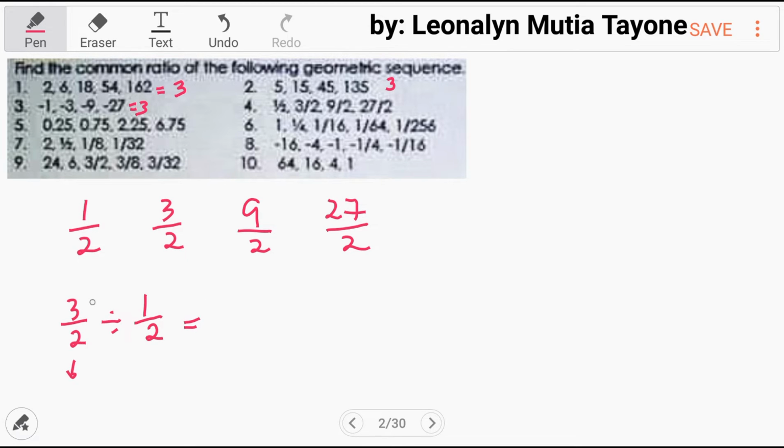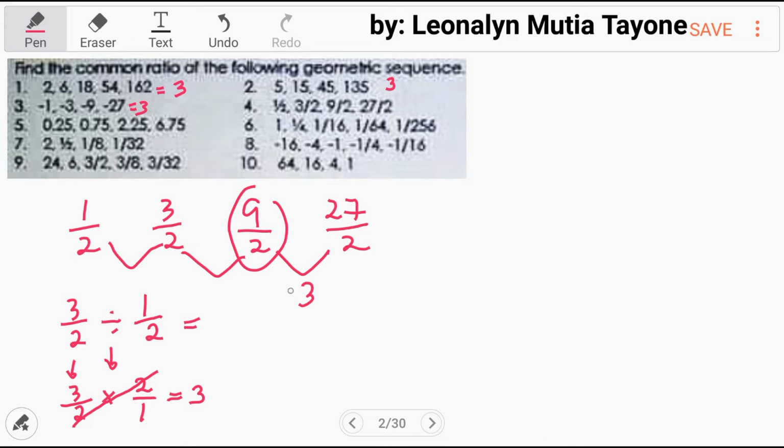Para klaro lang, ganito ang pag-divide ng mga fractions. 3 over 2, kopyahin lang. Ang division maging multiplication, reciprocal ni 1/2 ay 2 over 1. Pwede mo namang i-cancel yan. So, ang sagot dito ay 3. Therefore, ang common ratio dito ay 3 ulit.